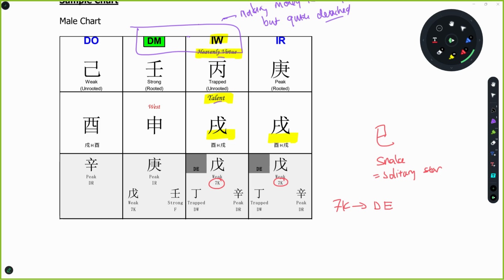More often than not, 7 Killing is an indirect, inauspicious star. Therefore, if an inauspicious star is in death and emptiness, then this death and emptiness may be favorable, and may exude beneficial luck for the person.